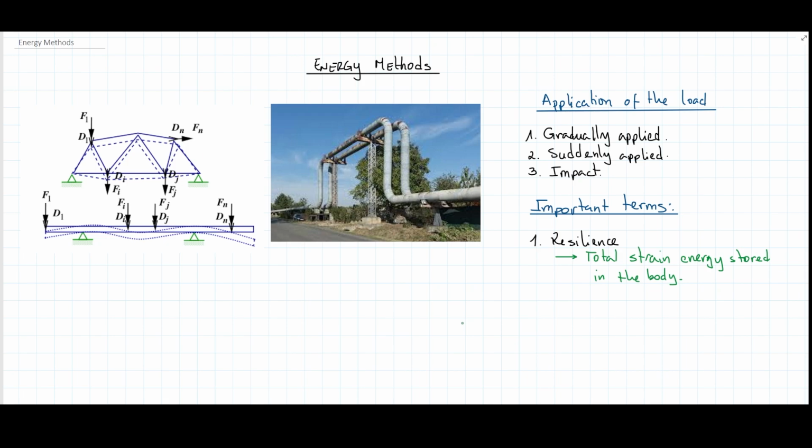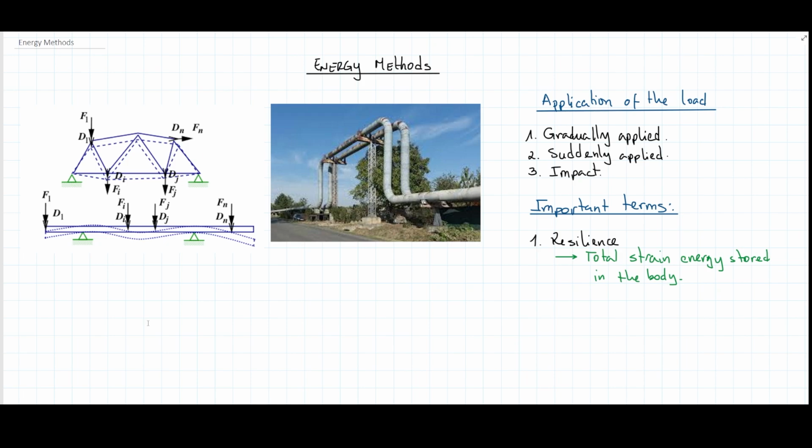Now, resilience can also be defined as the capacity that a strained body has to do work if you remove the straining force, meaning that if we come to this beam, and there is certain strain energy stored there, it has certain resilience. If you remove the loading, that stored energy is able to produce some work.